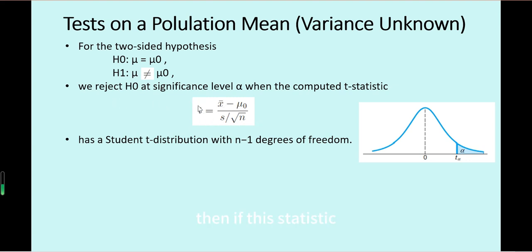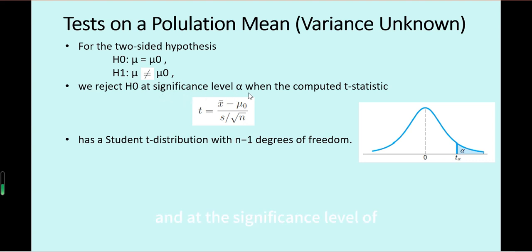If this statistic falls in the critical region here, or on the other side for the two-tailed test, or for a one-tailed test in either this area or the other side of the critical area, then we reject the null hypothesis H0 in favor of H1.